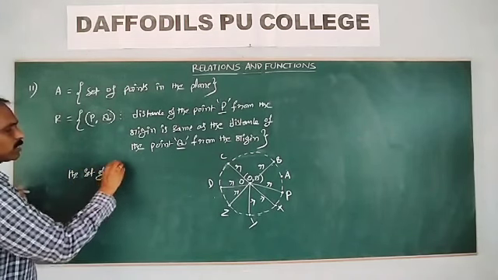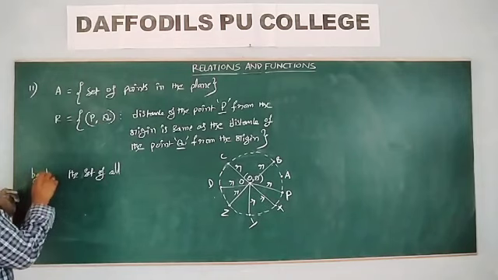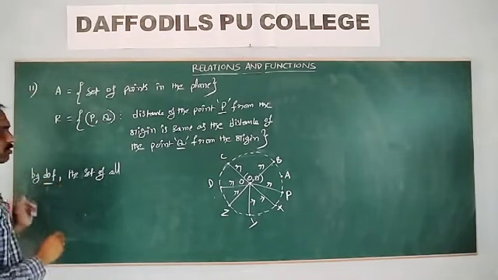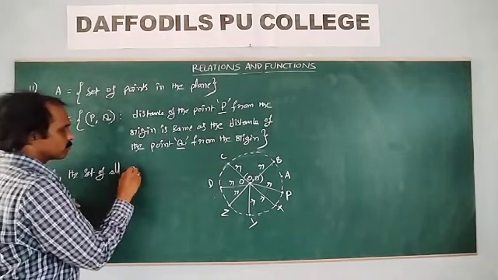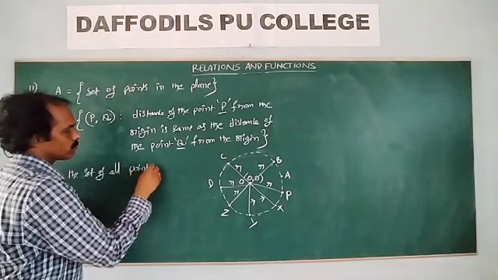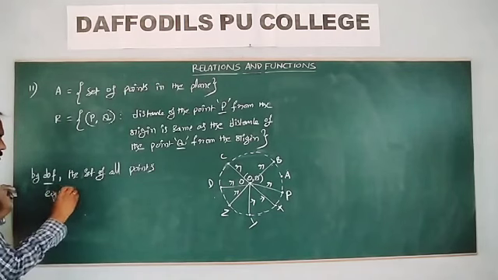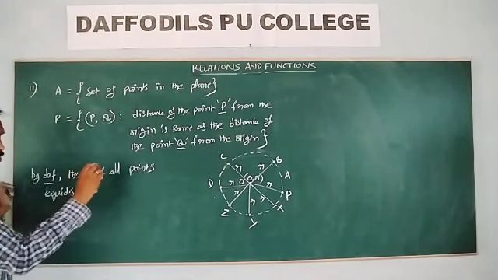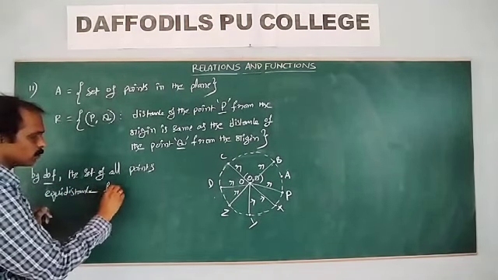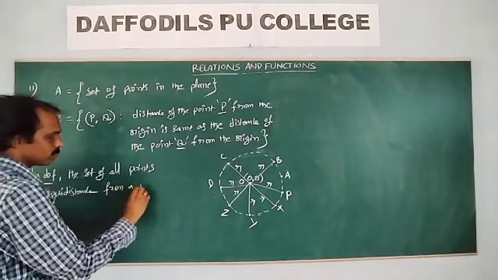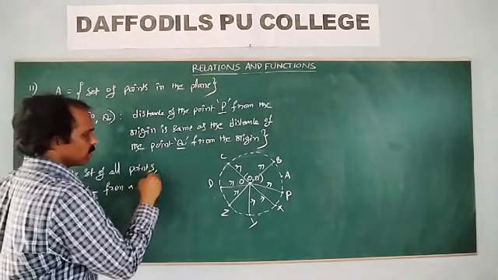Set of all points, by the definition of the circle, equidistant from a fixed point. What are the set of all points?